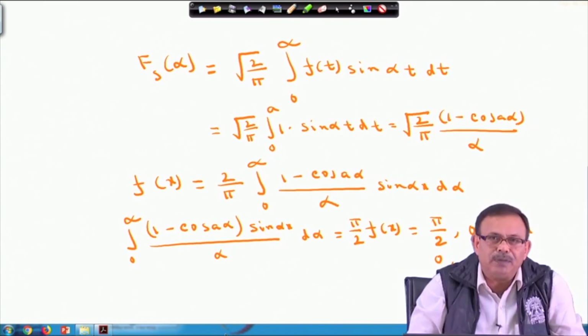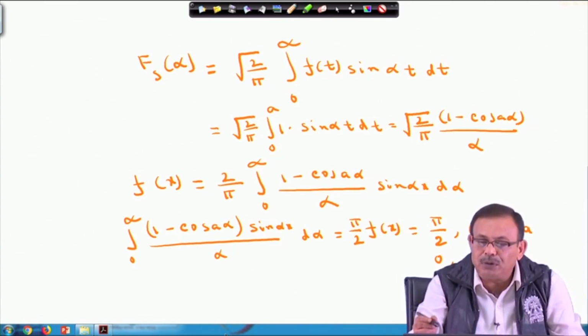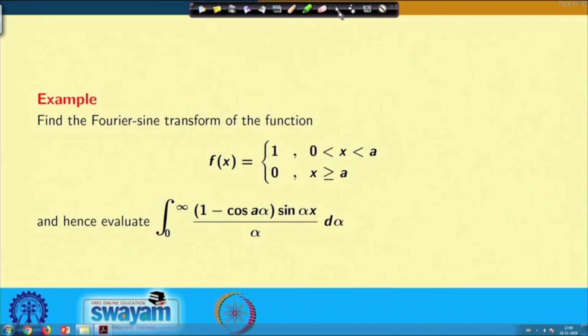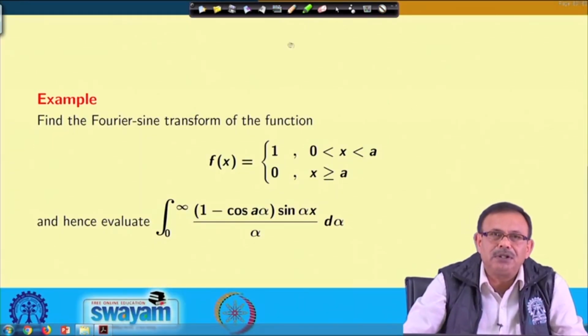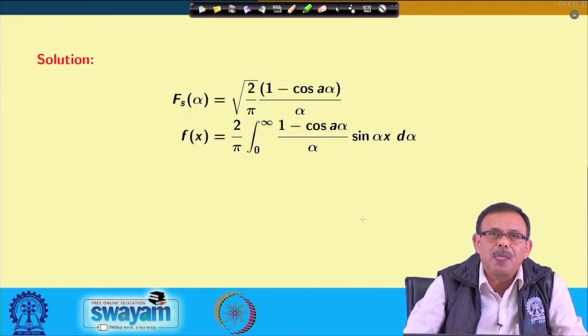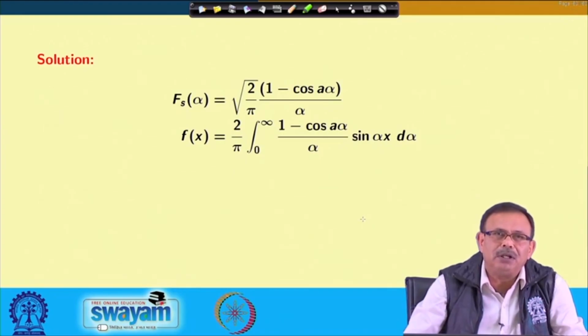So, I hope you have understood how to find the Fourier cosine transform or sine transform of a function. Let us see this problem once more. The Fourier sine transform I am writing in this way.